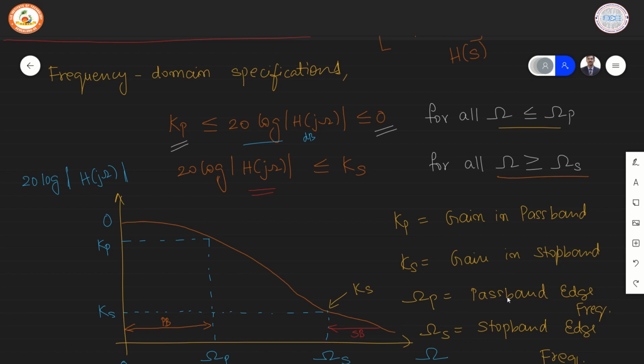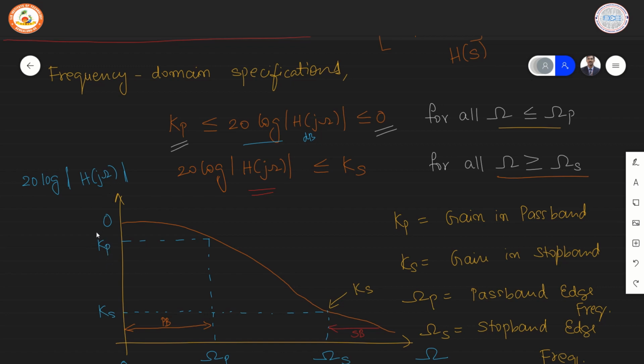Omega p is called the passband edge frequency, and omega s is the stop band edge frequency. The same is illustrated in the case of a low pass filter. The maximum value of gain is 0 in the dB scale. Your vertical axis is in dBs because it is 20 log of H of j omega, where H of j omega is the frequency response.